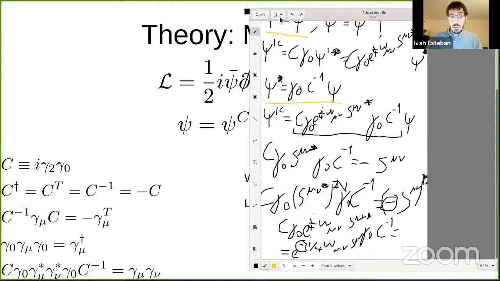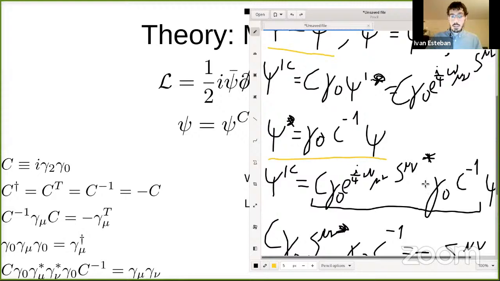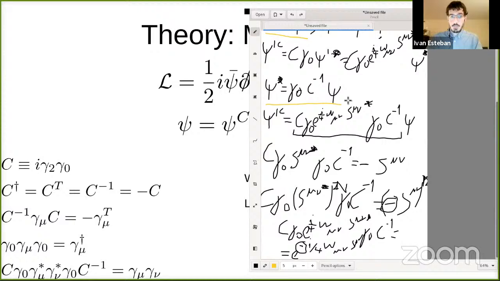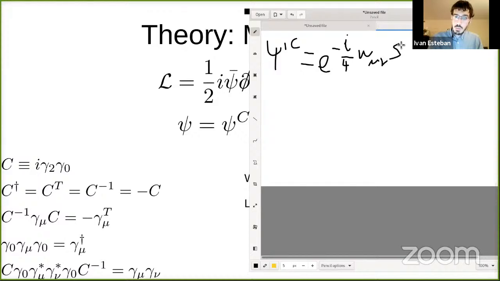Okay, so once this is clear, we just take what we have learned, put it here, and we get that psi prime charge conjugate is nothing but the exponential of minus i over 4 omega mu nu S mu nu times psi.